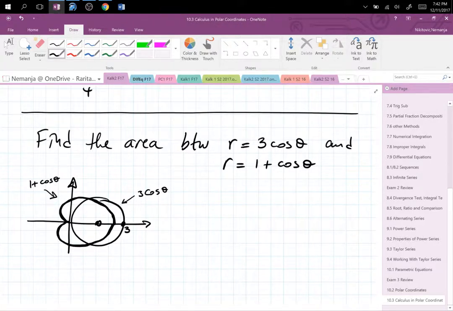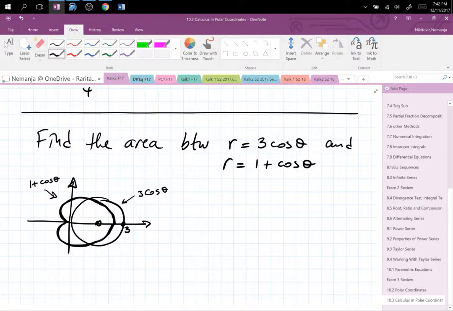What shape do we want to calculate? Another question. Yes. How come we did the circle not centered? 3 cosine theta is the circle that is going between 0 and 3, so the center is at 1.5 on the x-axis.